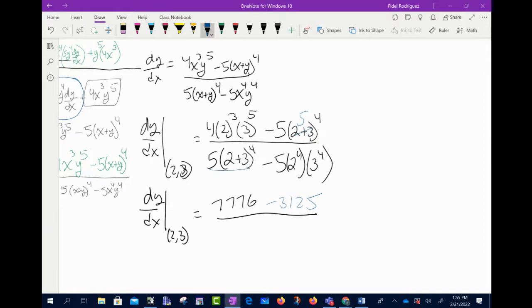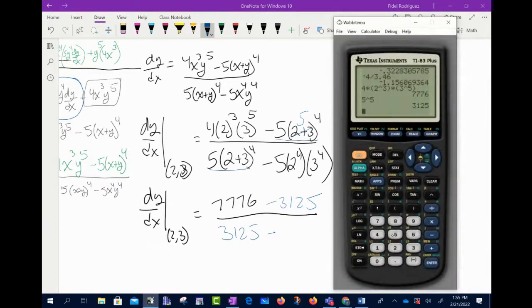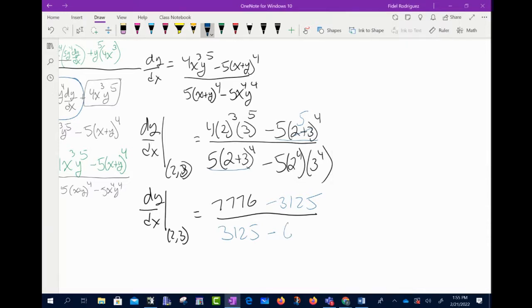That's still 3125 down there because that's what I got right here. So 3125 minus, let's see what the next part is. 5 times 2 to the fourth times 3 to the fourth. Okay, and I'm coming up with 6480 down here.